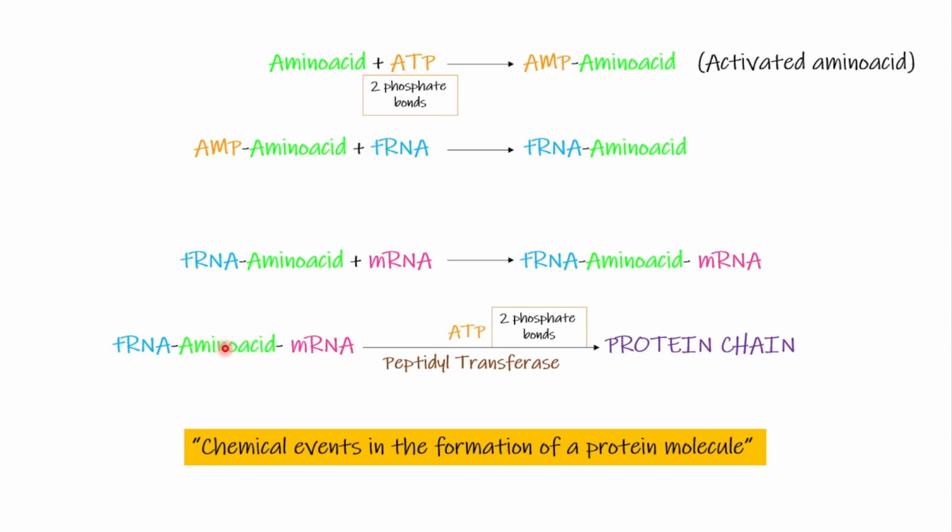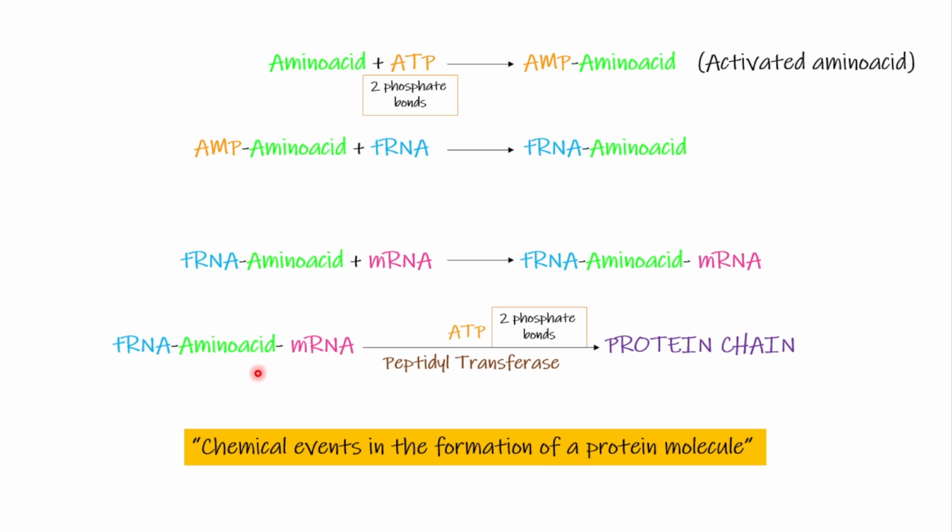But this process also needs two high energy phosphate bonds, just like the first step. So in the first step, where the amino acids get converted to activated amino acids, two high energy phosphate bonds were used.